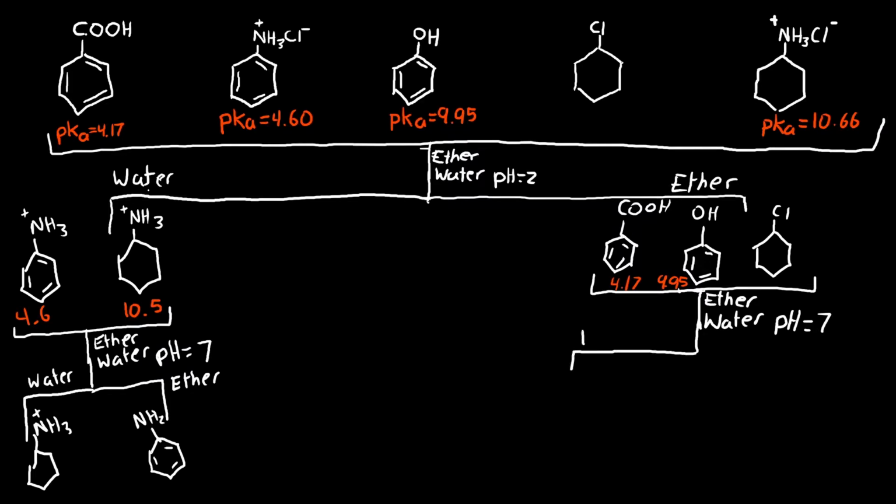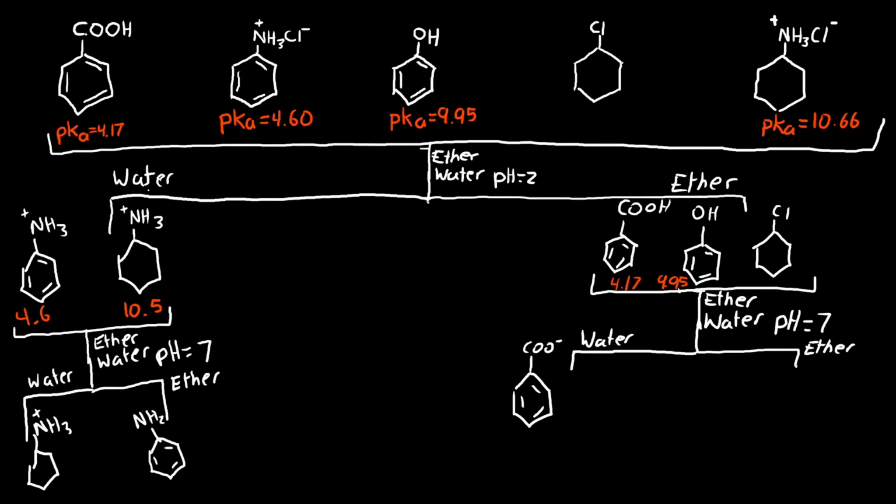So on the left side we have our water, on the right side we have our ether. On the left side we're going to have our polar molecule. The COOH compound is more acidic than the water solution, which has a pH of 7, so it's going to donate a hydrogen, causing the compound to become polar. So what we end up with is a COO minus. Because it has a minus, it's charged and it goes into the water.